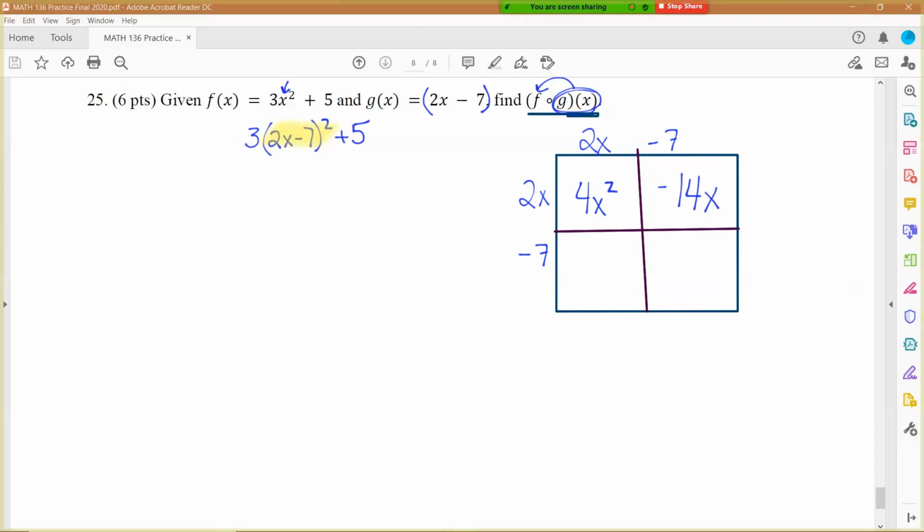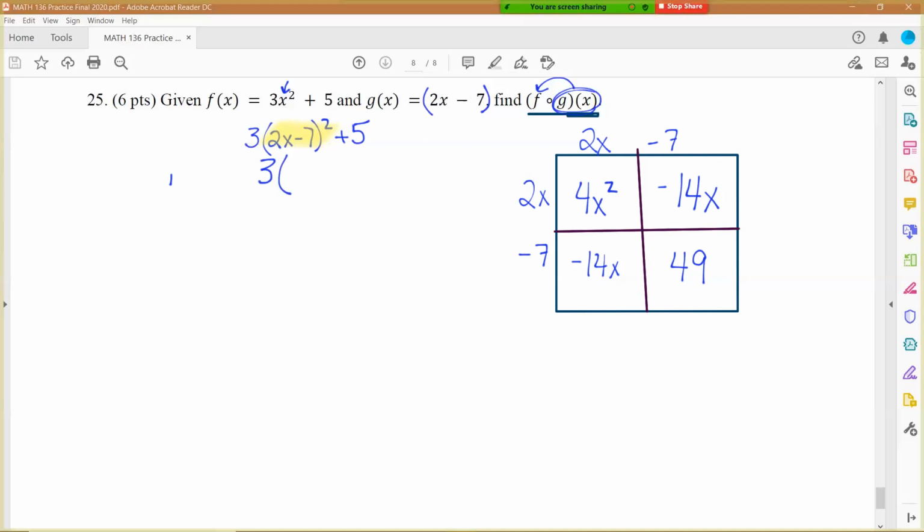Let's see, the bottom left box, you're going to take negative 7 times 2x, which is again negative 14x. And the bottom right box, negative 7 times negative 7, negative times negative is positive 49. So the 3 still stays there.